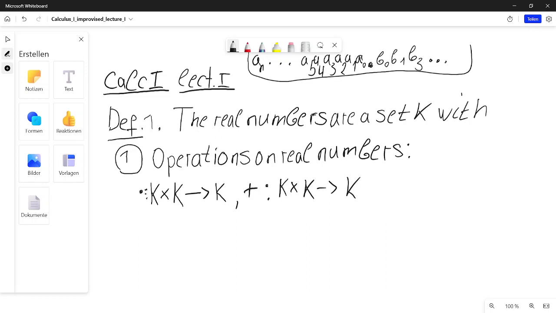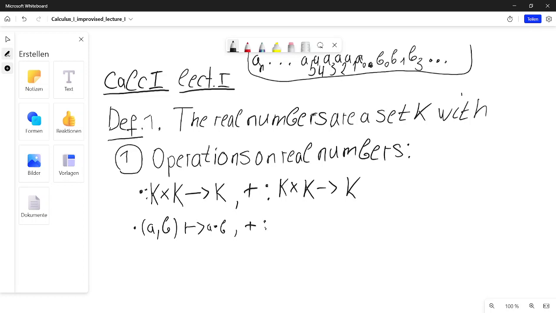And those maps do what? Well, they just take some pair of elements in K and map that pair to an element in K. We denote this element like this, only in a way that we have less to write and it is more convenient to write.